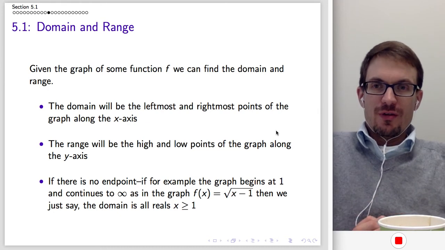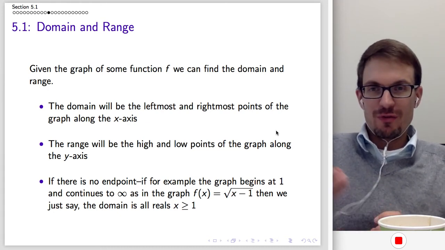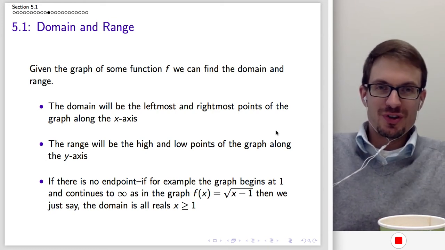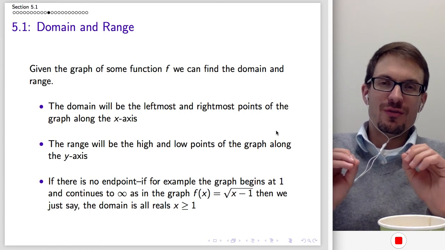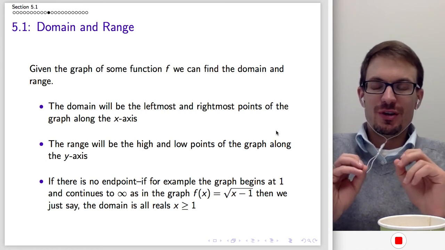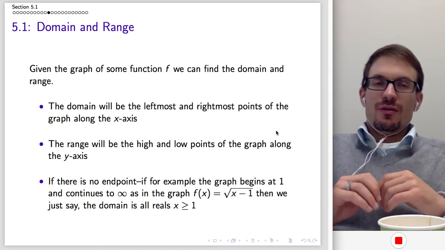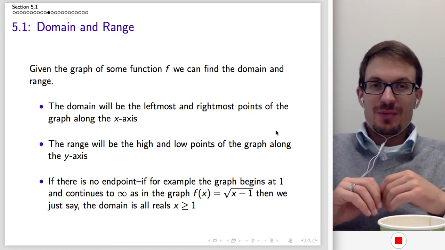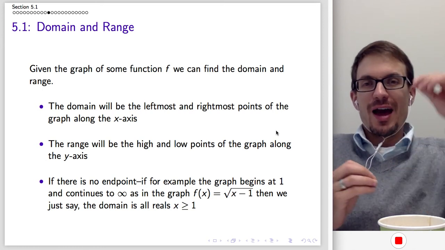Okay, so given the graph of the function f, we can find the domain and range. The domain is always going to be the leftmost and the rightmost points of the graph along the x-axis. For the domain, we could just use the endpoints. The range is going to be the high and low points of the graph.